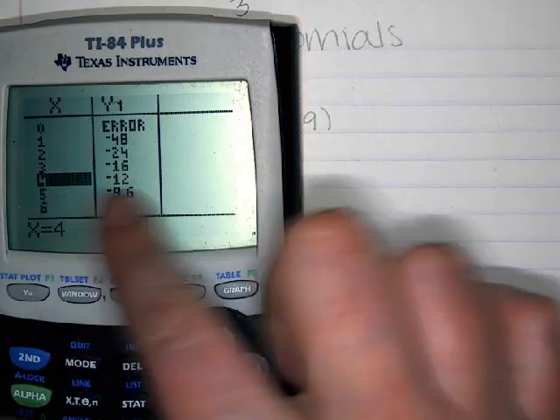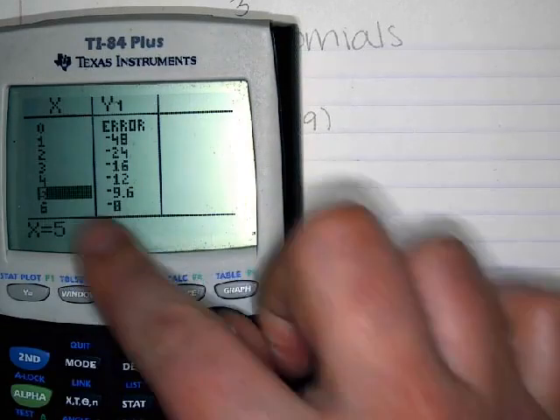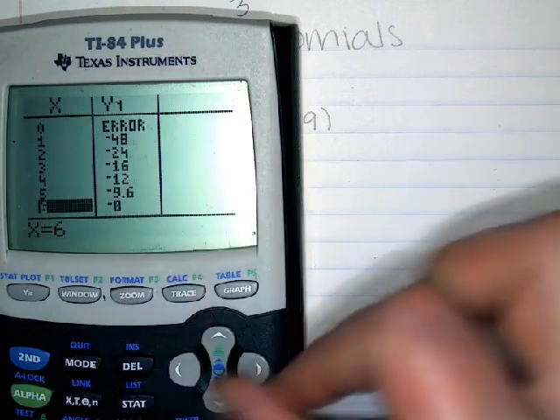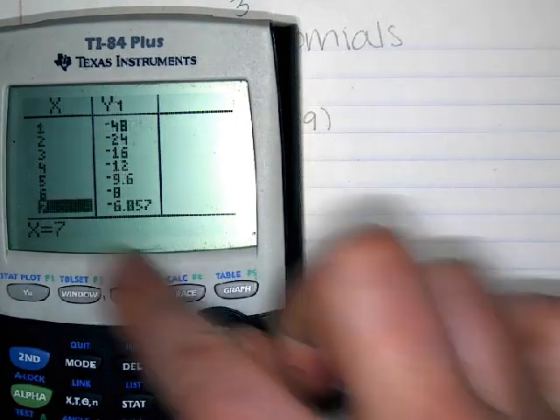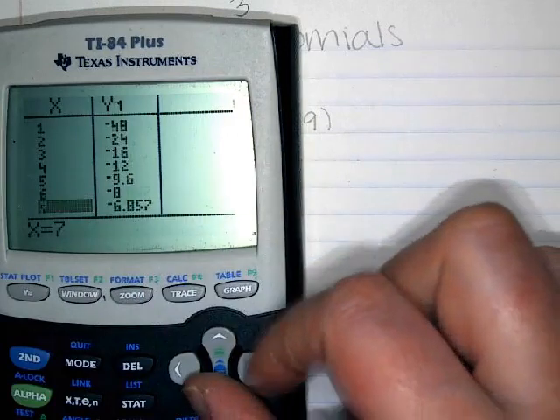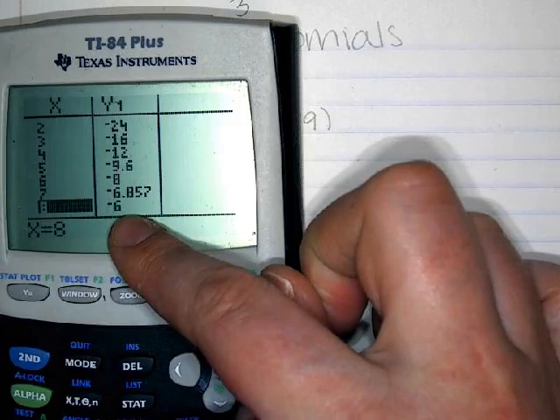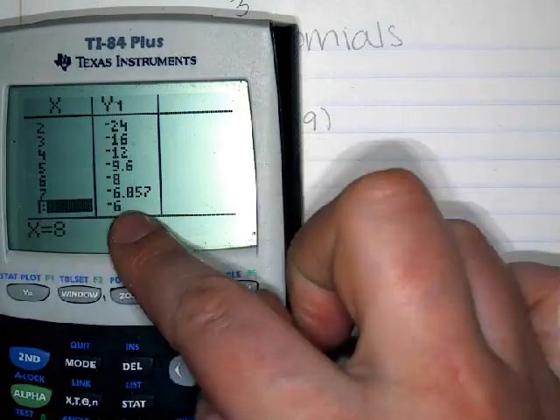4 and negative 12 adds to negative 8. I'm skipping this one because it has a decimal. 6 and negative 8 adds to negative 2, so I'm pretty close to the answer right now. I'm skipping this one because it's a decimal. 8 and negative 6 adds to positive 2, so this is the answer. Positive 8 and negative 6.